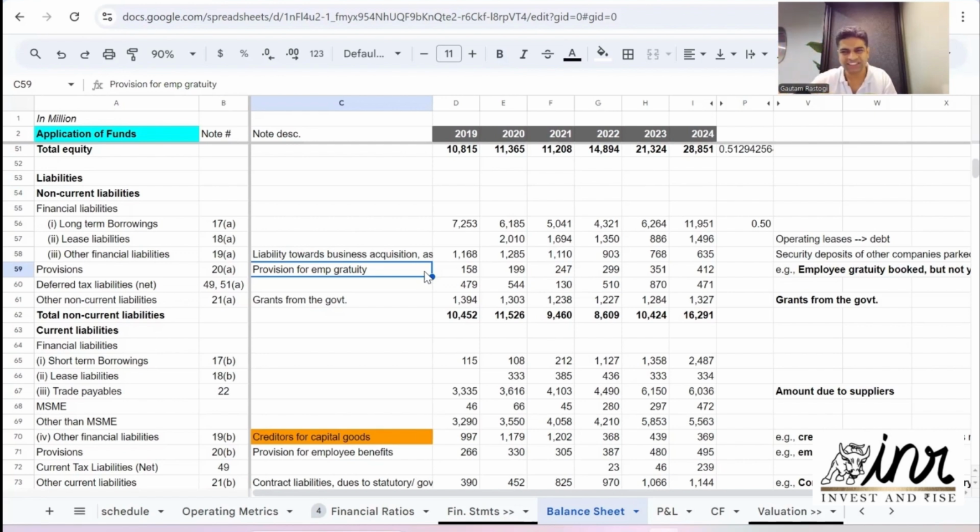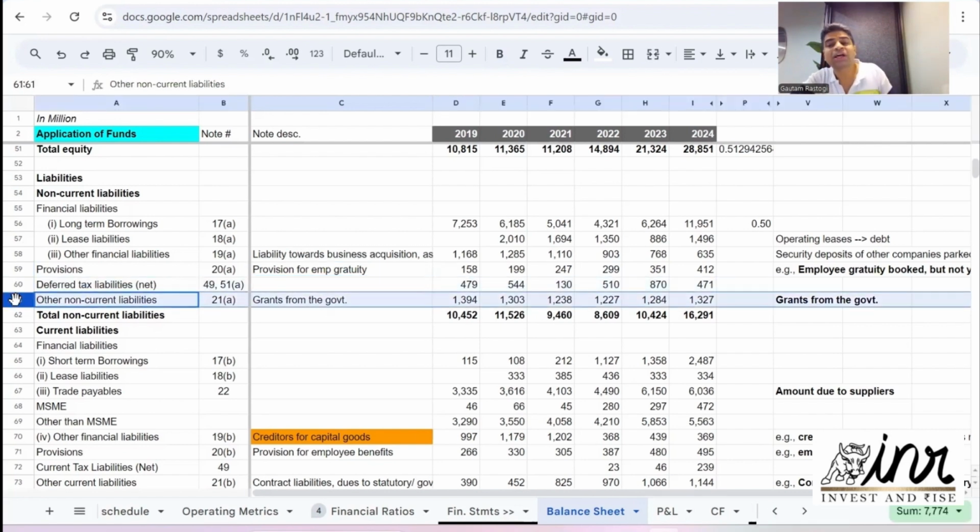It's paid when you exit or after a long period of time. That's why this is so, for any gratuity payments to their employees. Gratuity is booked in the P&L, but it's not paid. So they provision for it in the non-current liabilities. It's not their own money, they have to pay it, that's why it is a liability. Okay. Then again, they have some deferred tax liabilities and they have some other non-current liabilities.